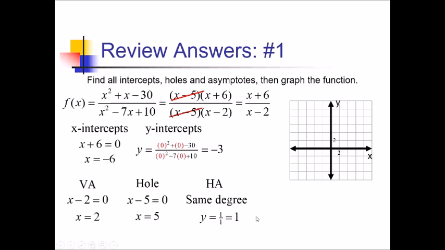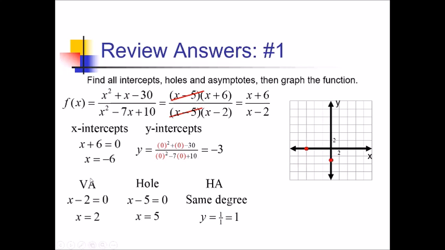So we're going to go ahead and graph what we've got, and we'll see if we have enough information to keep going. We may need to get some additional points, but it's hard to tell until we actually put all this on there and see what falls where. For x-intercepts, we had negative 6, and these grid lines are going by 2's, so here's negative 6. For the y-intercept, we have negative 3, that's down here.